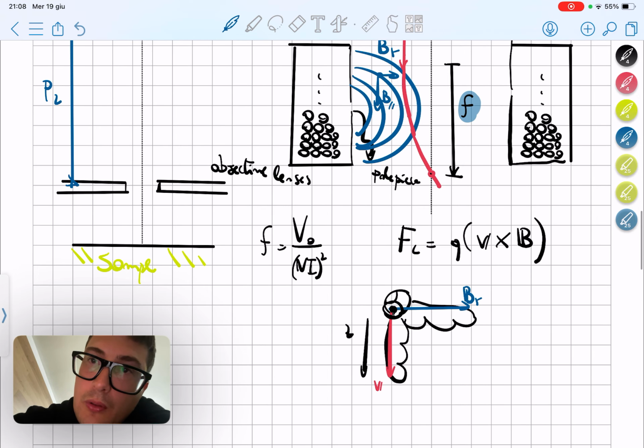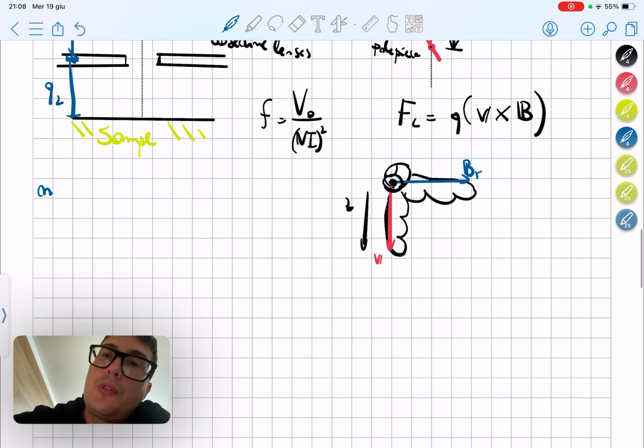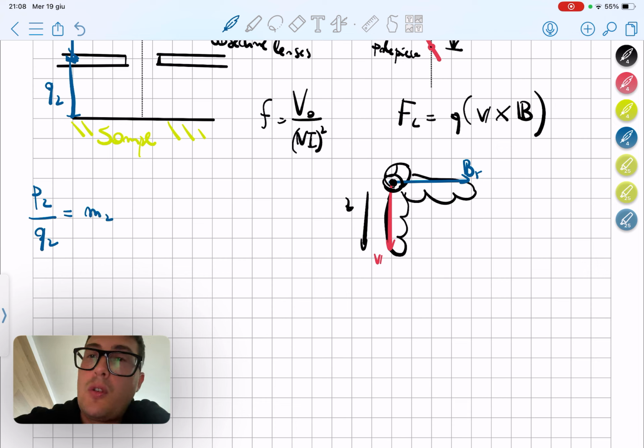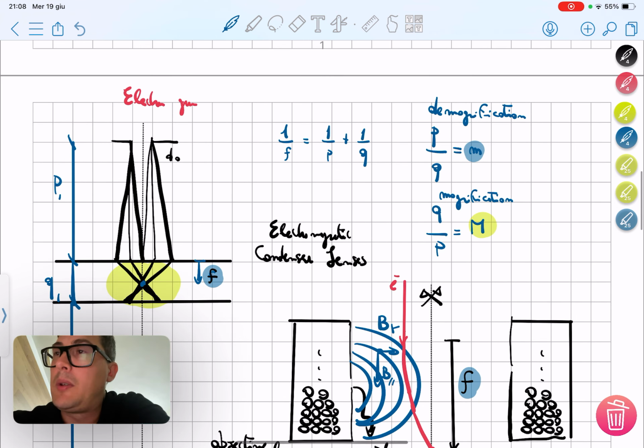Actually, this goes into the middle, and from the middle to here is Q2. Again, we can introduce P2 divided by Q2 as the second demagnification, whereas Q2 divided by P2 is the magnification M2.